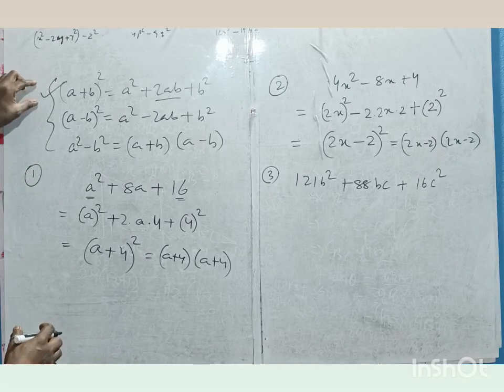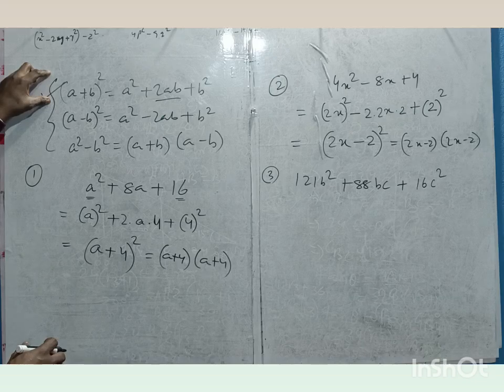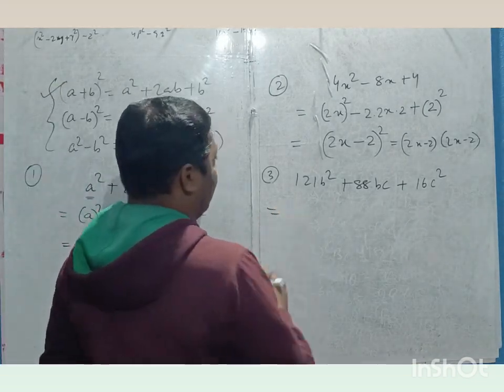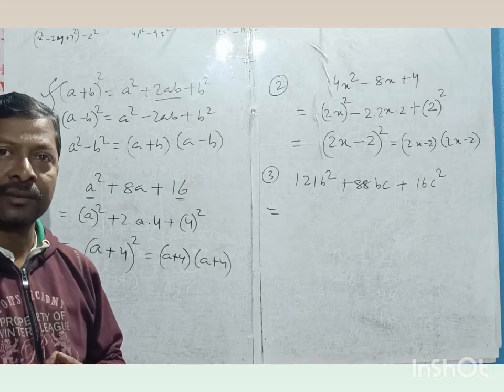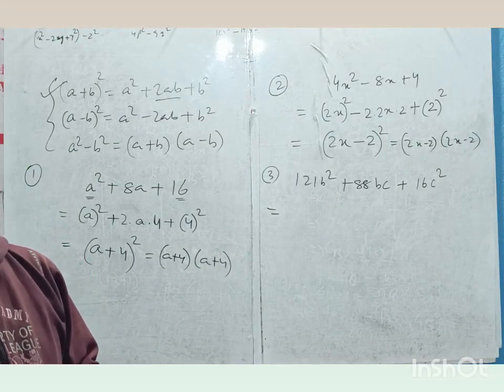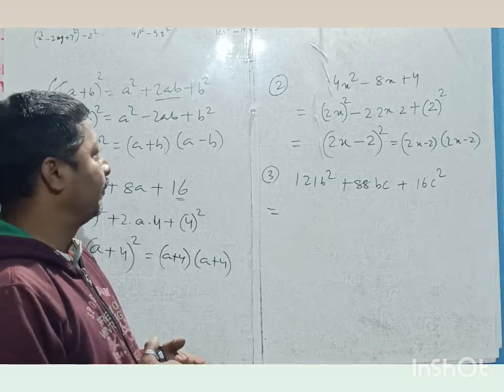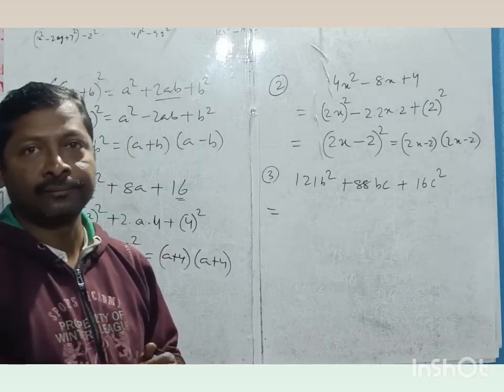From these three, it looks like the first one will fit, (a + b) whole square. Let's check. So you have to memorize the perfect squares of 1 to 20. So which number's square is 121?